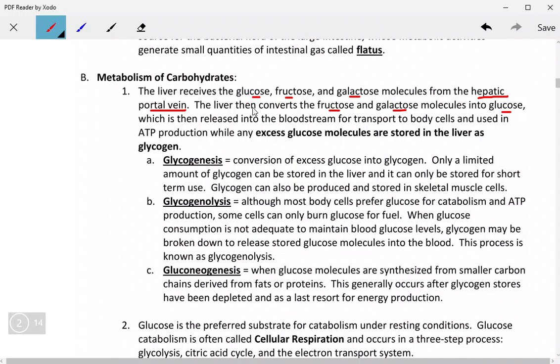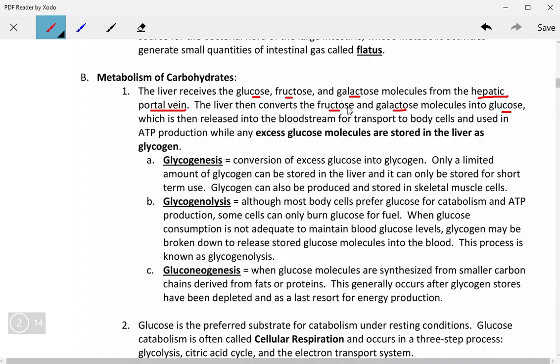So what can the liver do? Because the body prefers to use glucose, the liver will convert fructose and galactose into glucose. Okay, so this is why I said the liver will be the place to process the monosaccharides before we release the glucose to the body cells. Keep that in mind. Now once the liver has converted fructose and galactose into glucose, we have a lot of glucose.